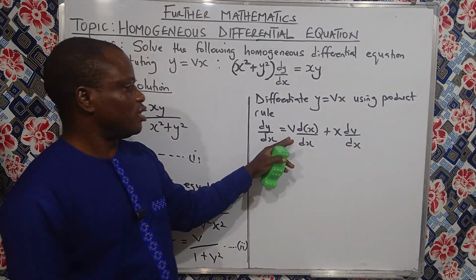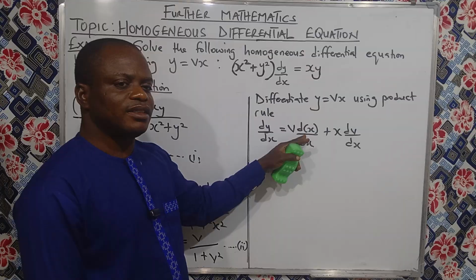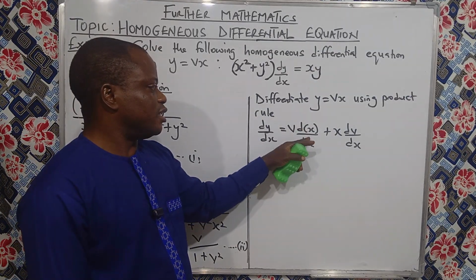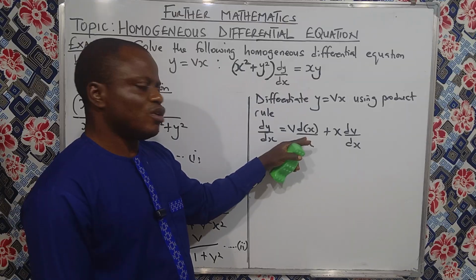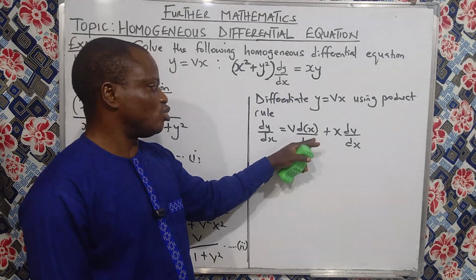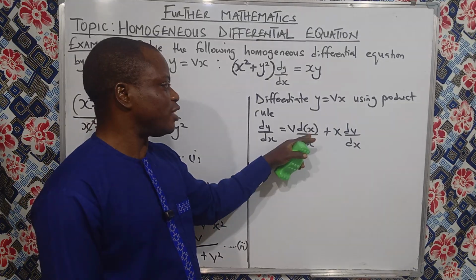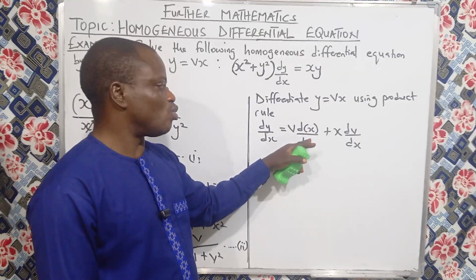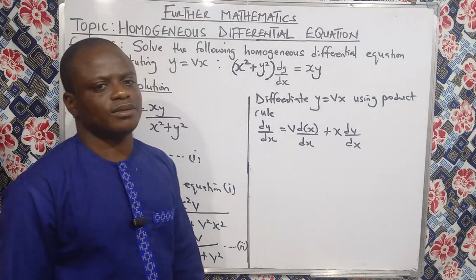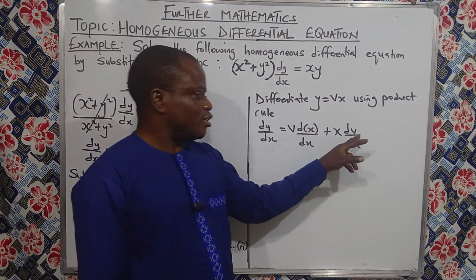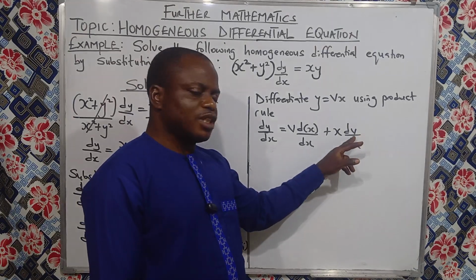But there is a fixed guarantee that the derivative of x is equal to 1 with respect to x. Let me explain it again.